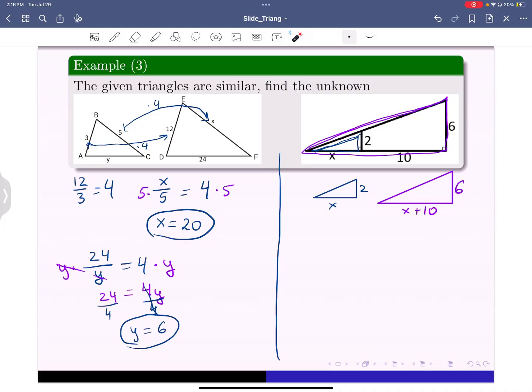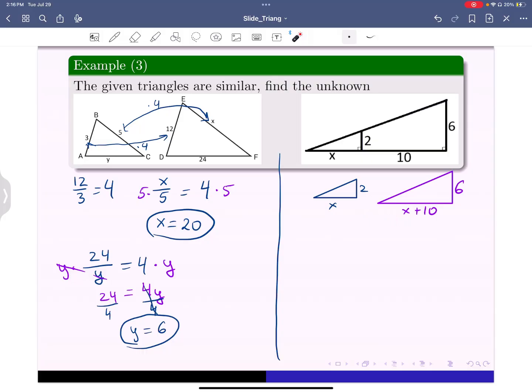So those are called similar triangles. Going from 2 to 6, that's my scale of proportion. 2 to 6, we need to multiply times 3. So this needs to be multiplied times 3.